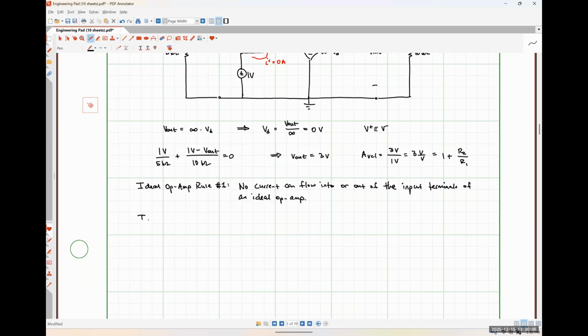And our second ideal op-amp rule, which states that there can be no potential difference between the input terminals of an ideal op-amp, to analyze our schematic representation directly.